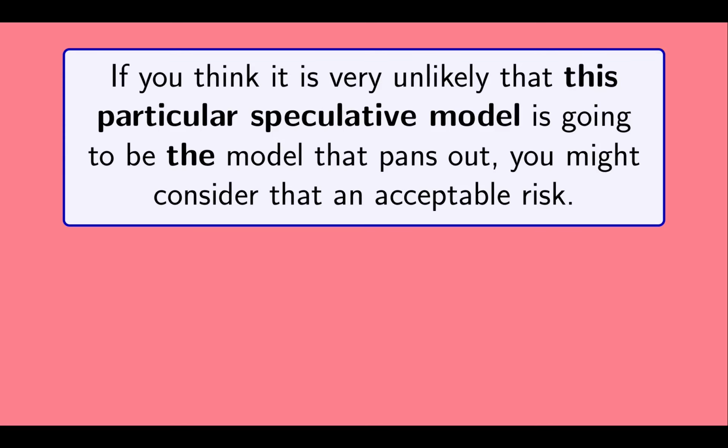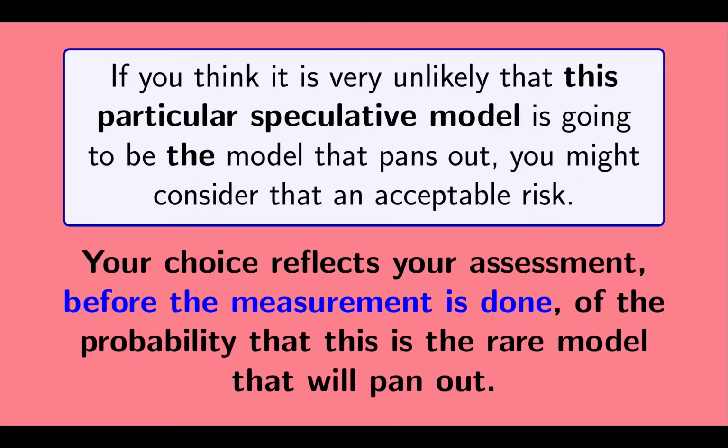If you think it is very unlikely that this particular speculative model is going to be the model that pans out, you might consider that an acceptable risk. Your choice reflects your assessment, before the measurement is done, of the probability that this is the rare model that will pan out.